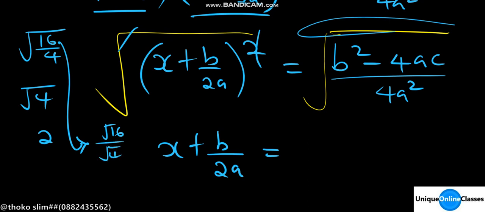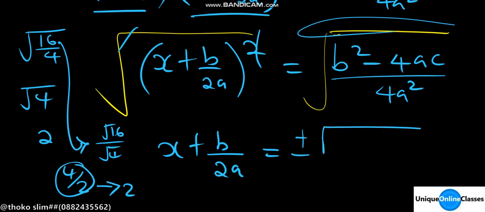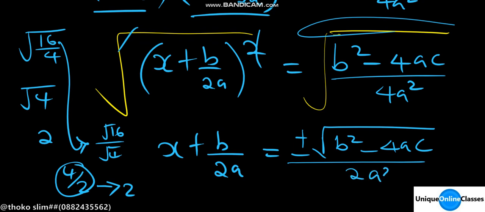Root 16, that's 4, and root 4, that's 2, and if you divide, the answer will still be 2. So here I can write it as the square root of the numerator, that's plus or minus the square root of b square minus 4ac, and the square root of 4a square, that's 2a. Square root of 4, that's 2, and the square root of a square, that's a.